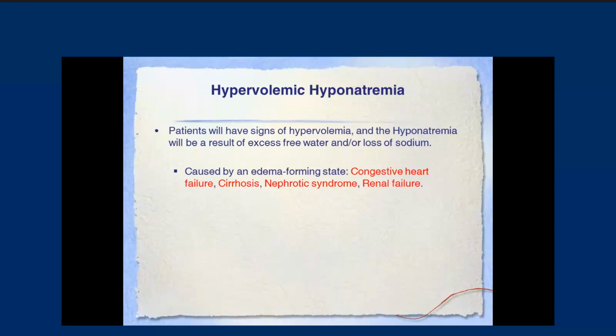This will result in subsequent release of ADH that results in excessive free water retention. Patients with nephrotic syndrome, most of the time, may not have significant hyponatremia unless they develop concomitant hyponatremia, because the effective arterial volume is not affected in those patients with nephrotic syndrome.